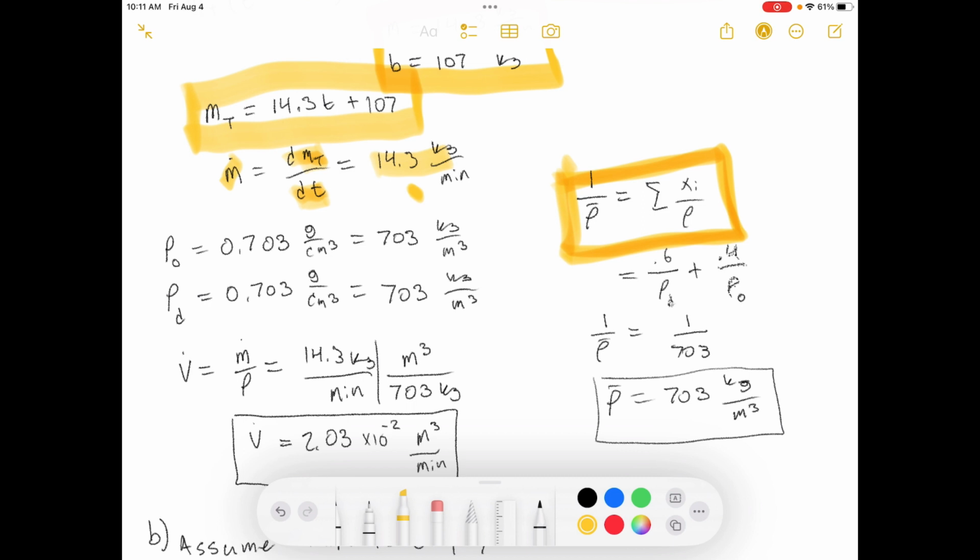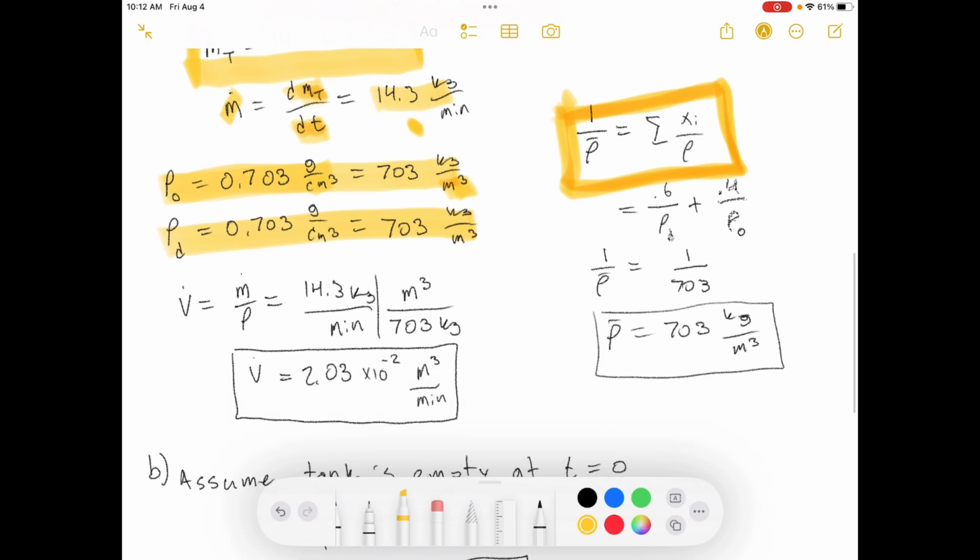We need to know what the component densities are, and we just look those up in the back of the book, and these are the component densities. I'm going to do it in kilograms and meters cubed, since they gave us all of our other quantities in kilograms. They have the same density according to the back of the book, so that makes combining these a lot easier. This isn't always true. It's only if the solution behaves ideally.